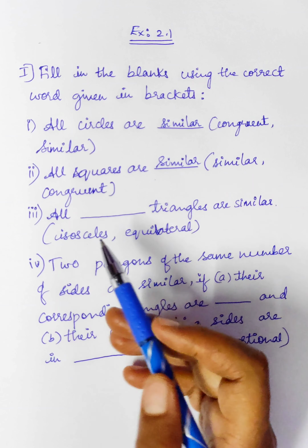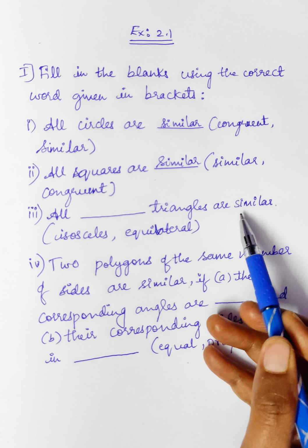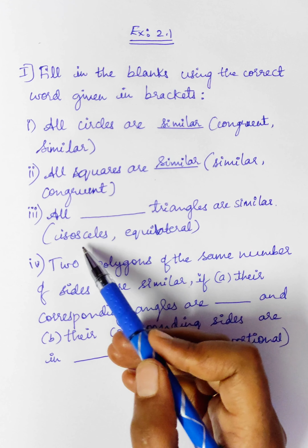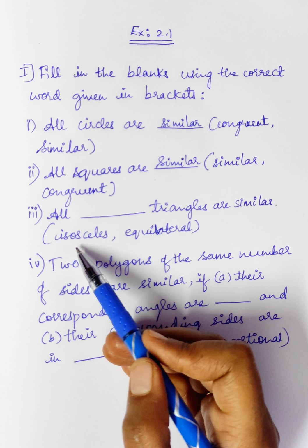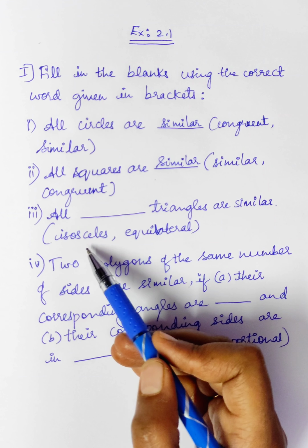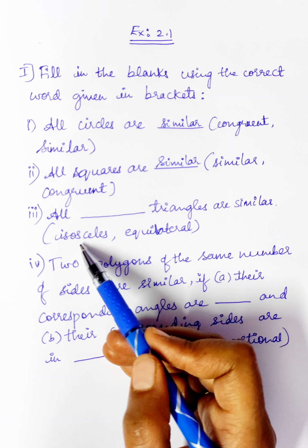So what does it say now? What will be the correct answer in this? All triangles are similar. Which triangles? Isosceles or equilateral? Now the isosceles triangle condition is what? Any two sides will be equal. The similar condition says what? They are having the same shape.